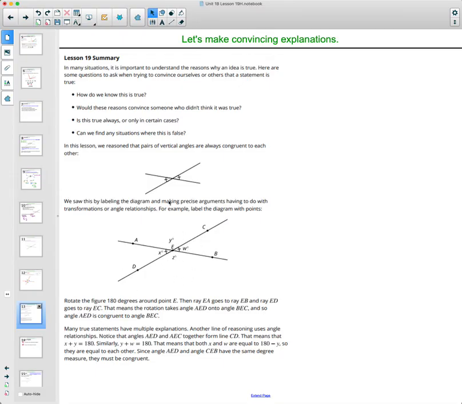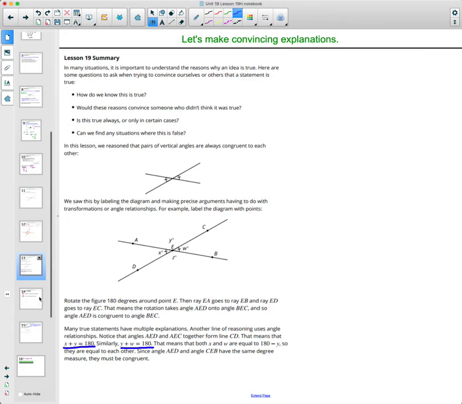So we did do that algebra version, and you can see it in here where they talk about that means that x plus y equals 180. So we did a similar thing: y plus w equals 180, and solved for that to prove that they were equal to one another, which you are going to have a chance to do in your cool down.